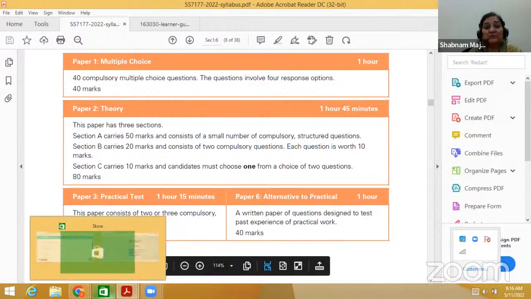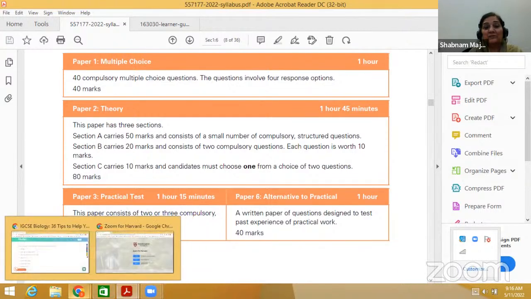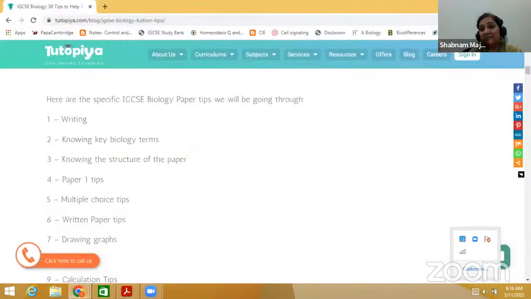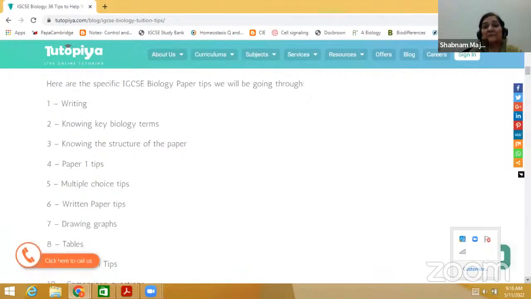Now we are going to discuss what exam tips are needed for solving the paper. First of all, I recommend you take your paper and enter your personal information, and please don't forget to check your syllabus code.